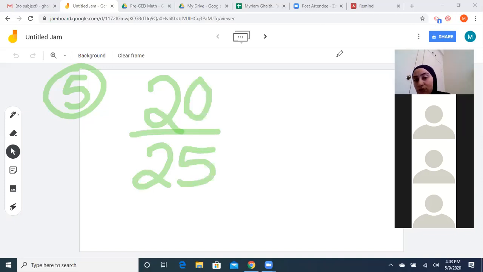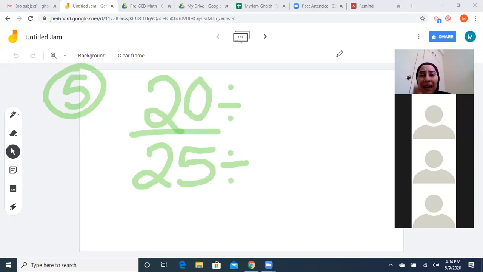What do I need to do? We'll make it lower. How do I make it lower? Division or multiplication? Division. Exactly. When we divide, we can make things smaller, right?